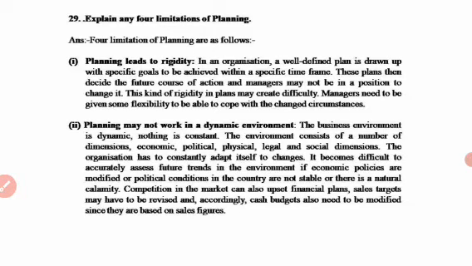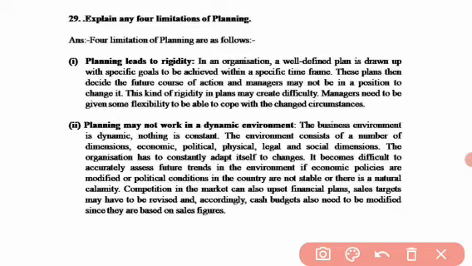In every business organization, a plan is defined to reach the goal of the organization. The planning is made to achieve the goal of the firm. These plans decide the future course of action and managers may not be in a position to change it.